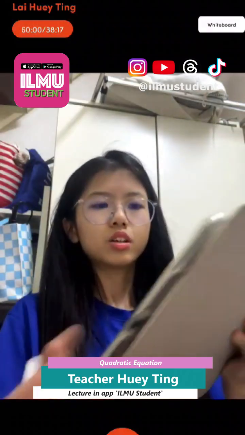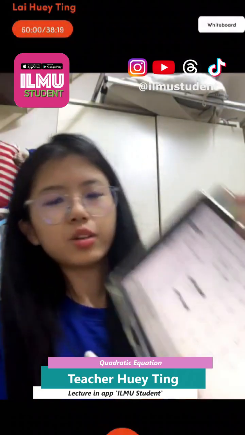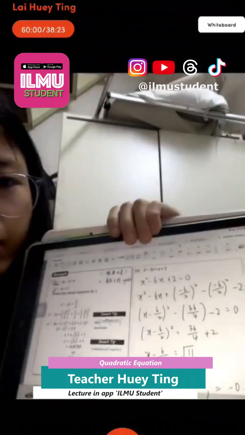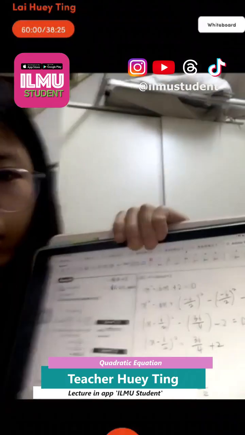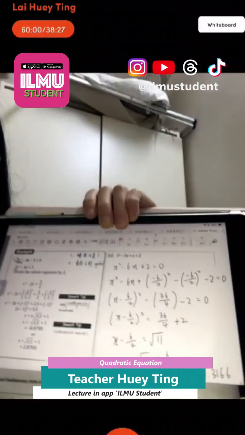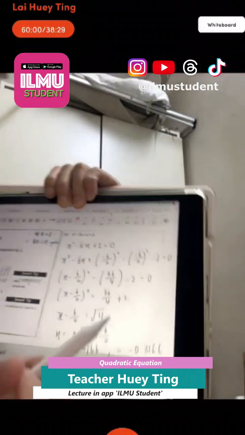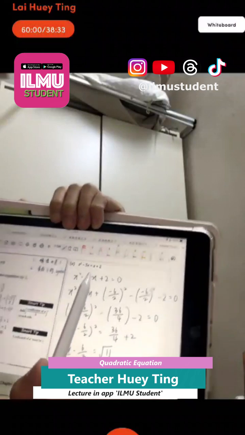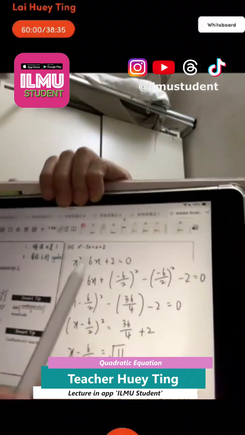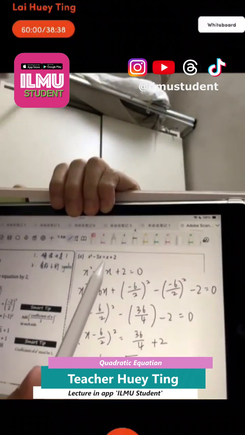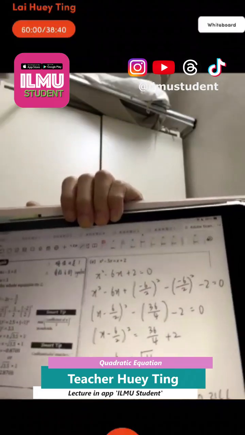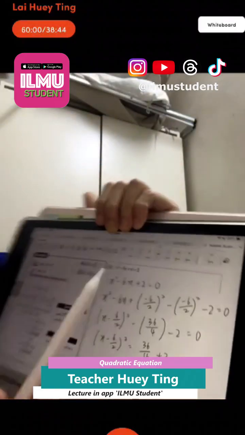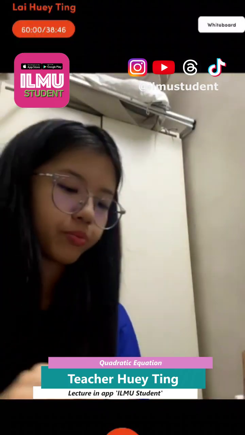Okay, so for this question, we can see that first is x squared minus 5x equal to x plus 2, and then we just rearrange it and it will become a negative 2.